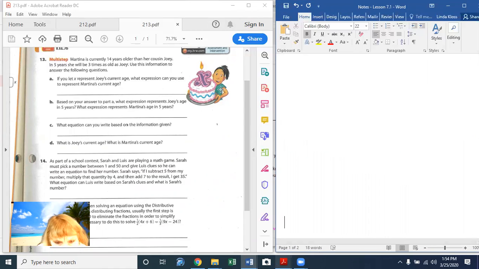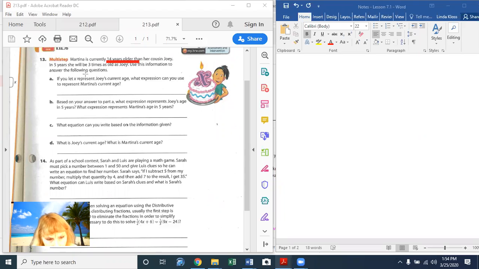Martina is currently 14 years older. And again, I want to underline things if I can. 14 years older than her cousin Joey. I'd rather use red. 14 years older than her cousin Joey.